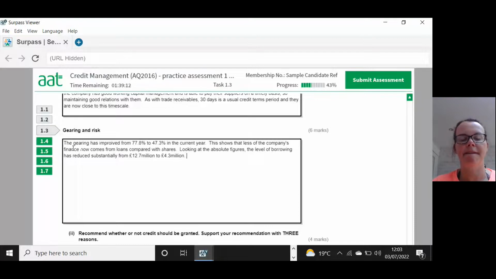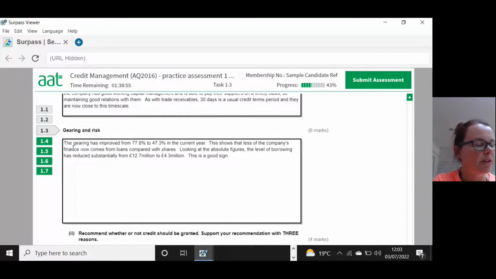So this is a good sign. Right, so that's my first paragraph talking about the gearing percentage.